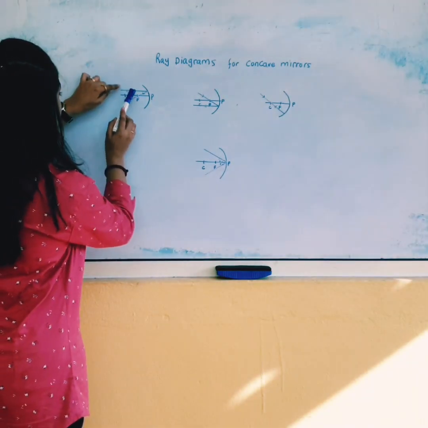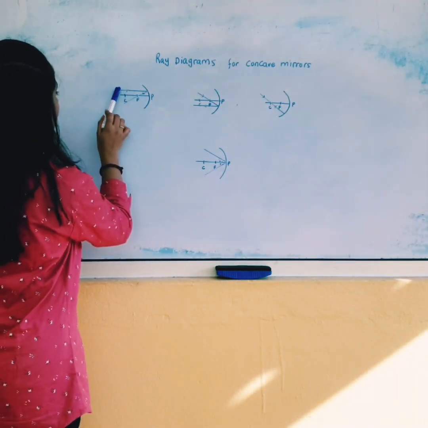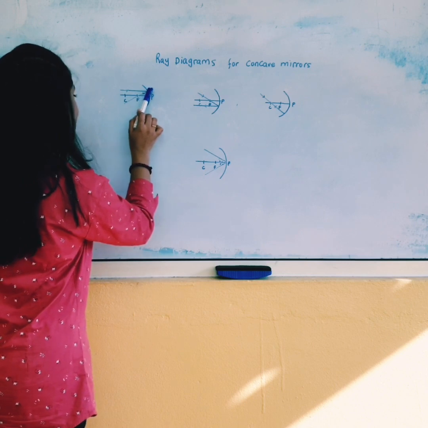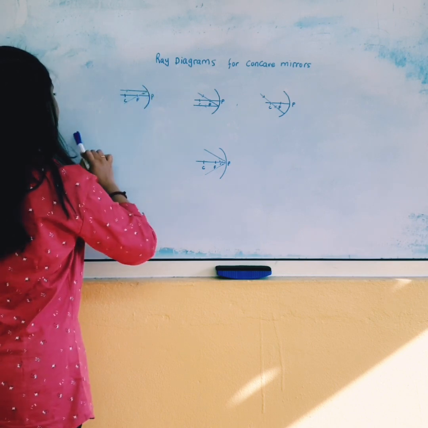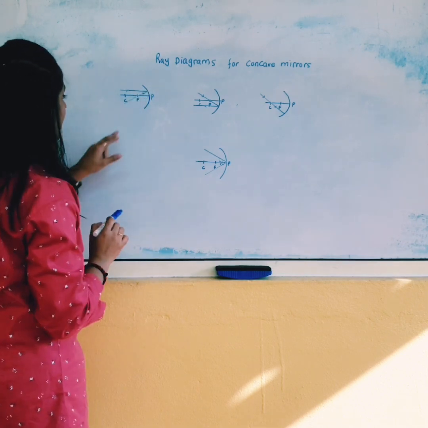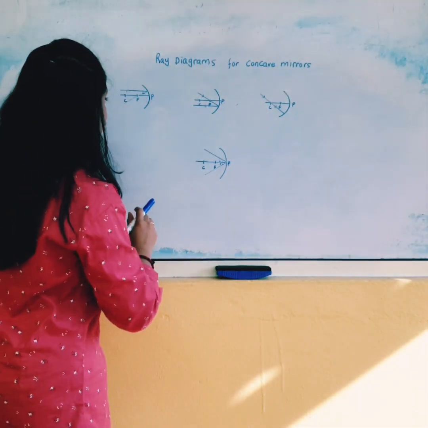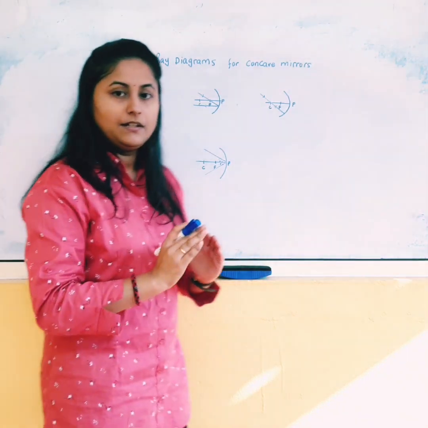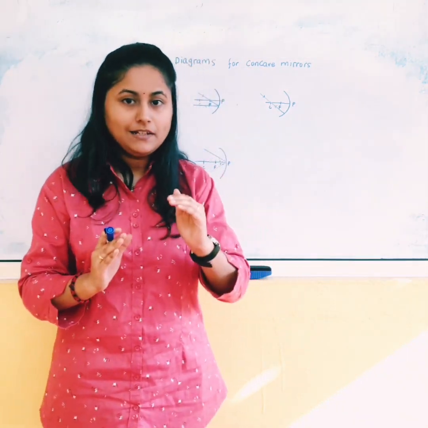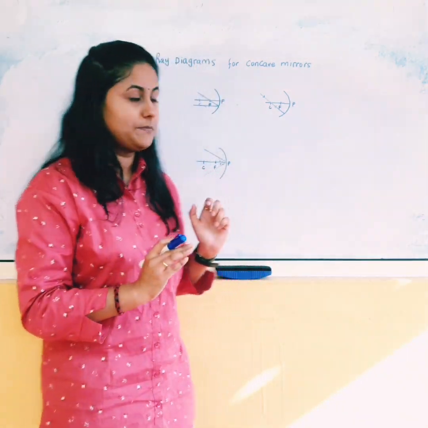As you can see the arrow, it is coming in this path and getting reflected to this path, moving to the point known as the principal focus. This is the first case, whereby the incident ray comes parallel and passes through the principal focus.